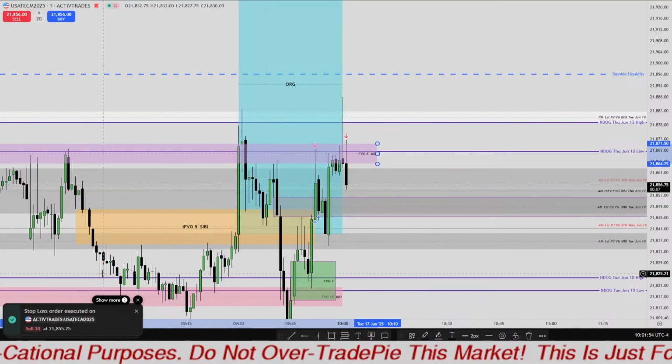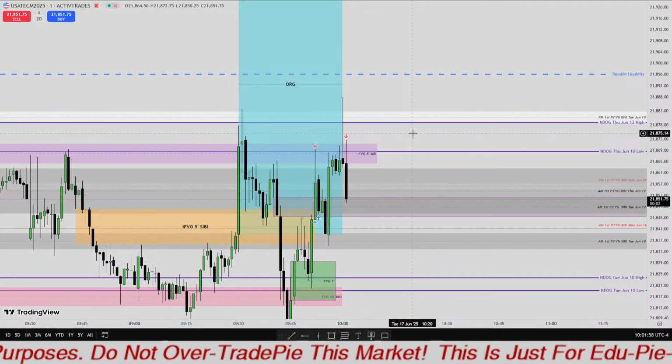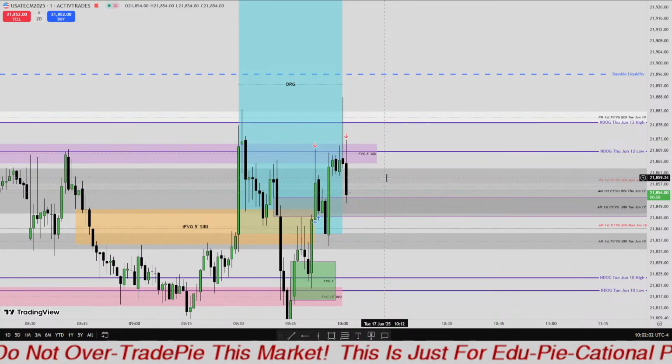Okay, the stop loss has been hit and profit, not a problem. Once again traded into the first presented fair value gap.